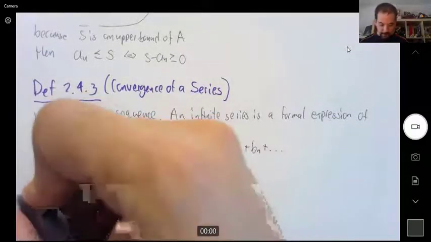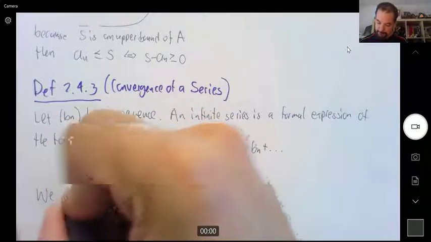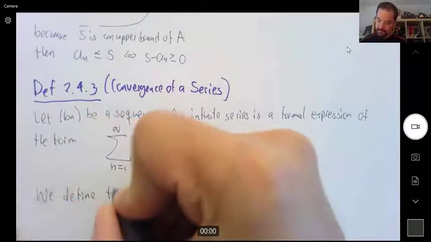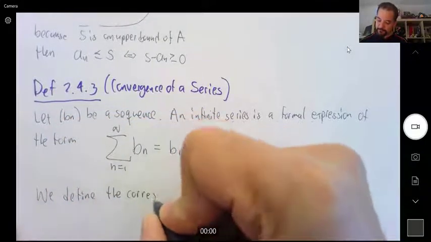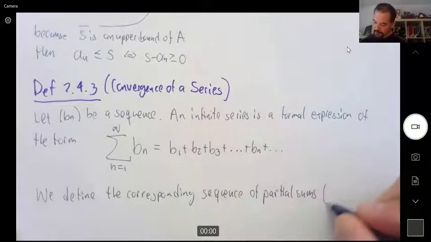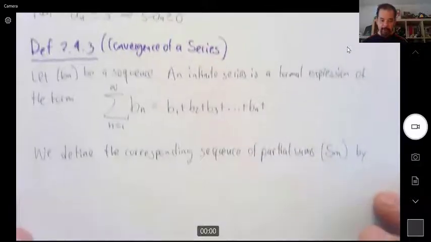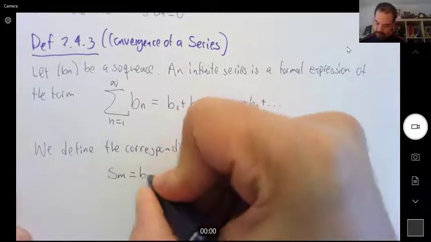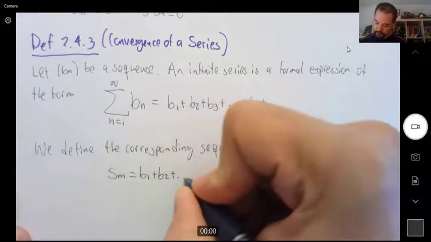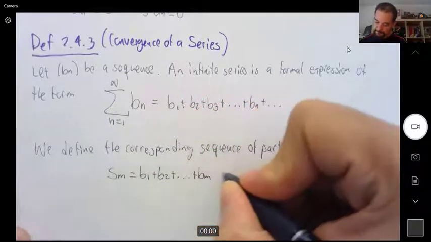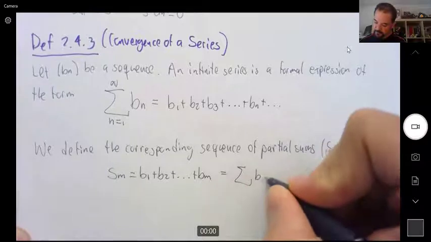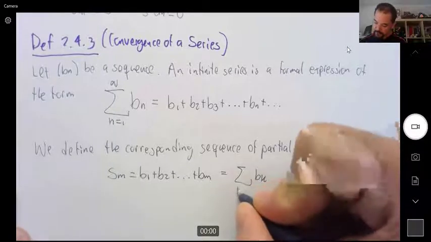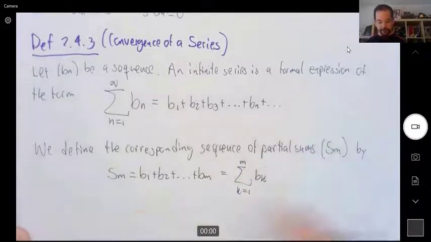So we define the corresponding sequence of partial sums, S_m. These are not too bad: S_m is b_1 plus b_2 all the way to b_m. So in sigma notation it is the sum of b_k from 1 to m. That's a sum that we can really figure out.